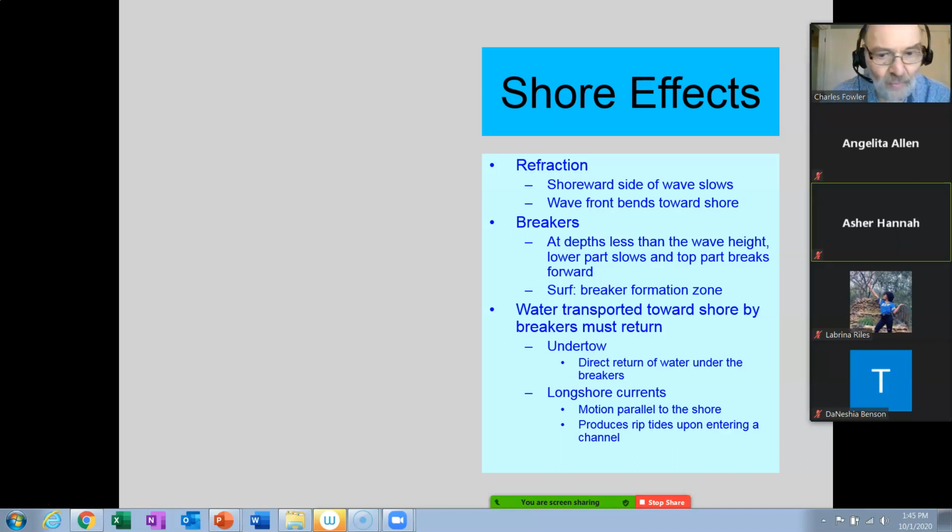Okay, what we're talking about here, the previous couple of slides dealt with the characteristics of waves: the wavelength, the wave height, the wave crest, the wave troughs, the wave period, all those kinds of things. And then we talked about what created the waves, the swells, and that kind of stuff.